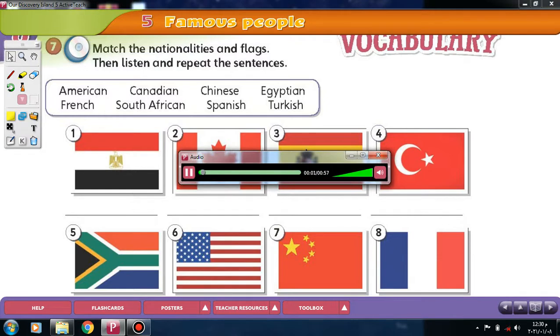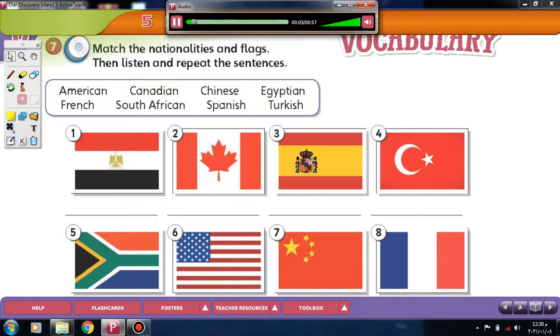Page 58, Unit 5, Lesson 3, Activity 7. Match the nationalities and flags.